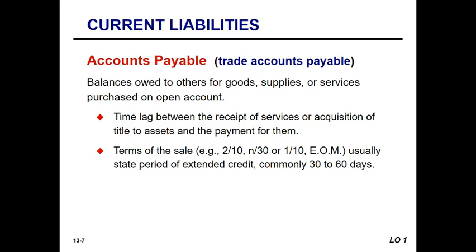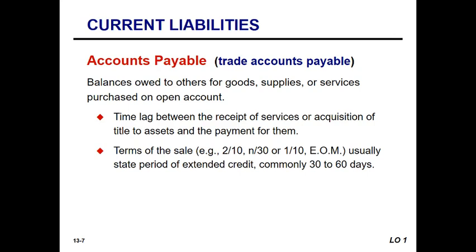Actually, January 31st. We'll say it's a 30-day term, so it's due on January 31st, where there's a time lag between when you've actually received title of those assets, you've received those supplies, you can use them, you can consume them, they belong to you, and when you actually have to pay for them.